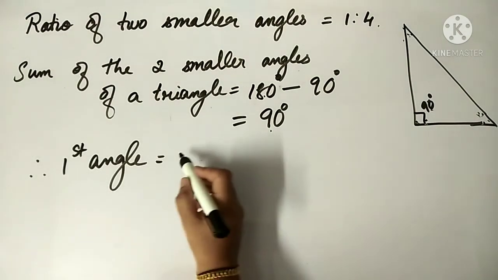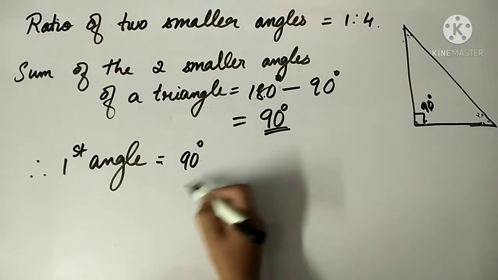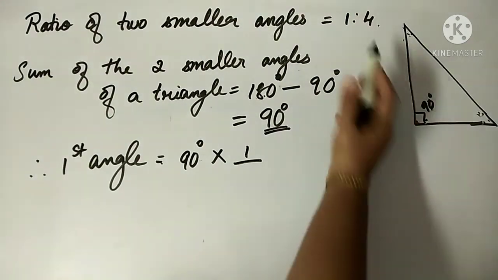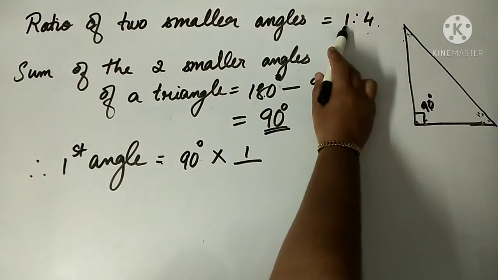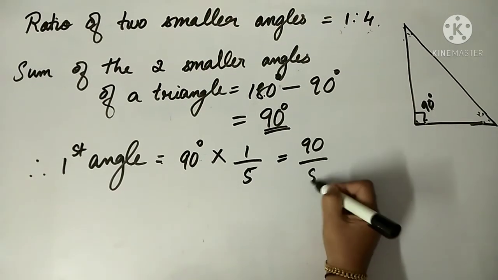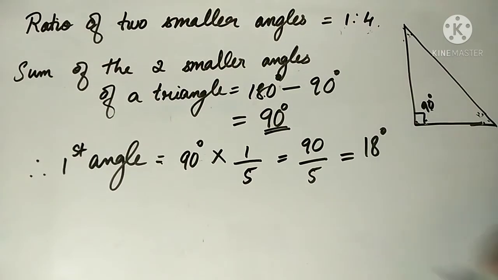Therefore, first angle is equal to total angle 90 degree into ratio of the first angle, 1, by total of this. Total of the ratio 1 plus 4 is 5. That is equal to 90 by 5. When we divide 90 by 5, we get 18 degree. So, the first of the smaller angles is 18 degree.